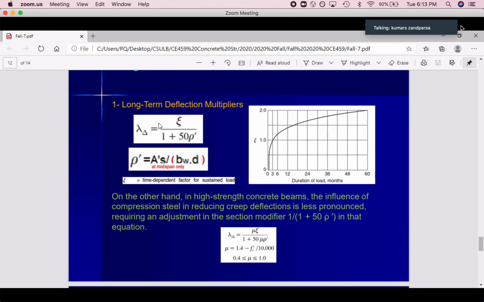If f'c gets higher, your mu is less, so you will get less lambda delta. That's why that multiplier is important. Either one, I will accept. Just remember, if you're following the higher code, this is the one that you should learn. But as I mentioned, for f'c of 4,000, you will get the same equation as that one.